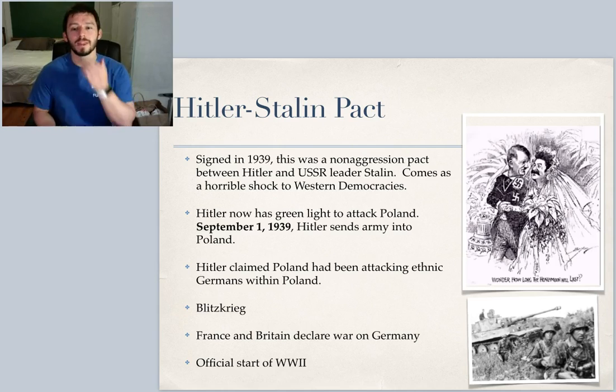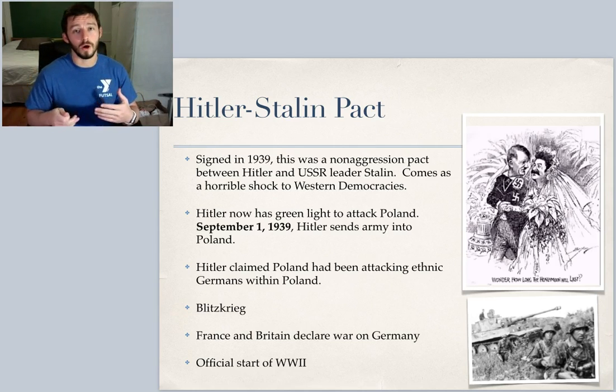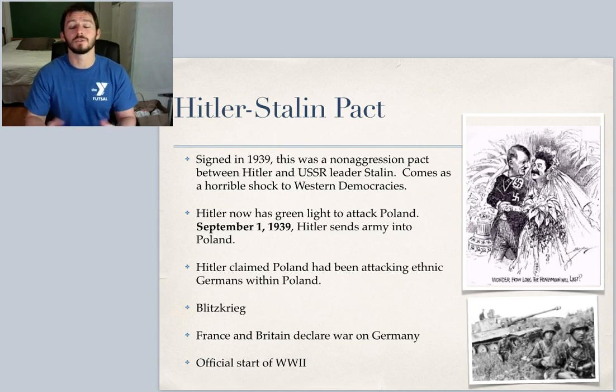The method of warfare that Hitler uses is called blitzkrieg, or lightning war, which basically means completely overwhelm your enemy. Use very quick units, so airplanes, tanks, jeeps, mobile units. You're avoiding the trench warfare of World War I. You quickly punch a hole through the enemy, then you completely overwhelm their central system.